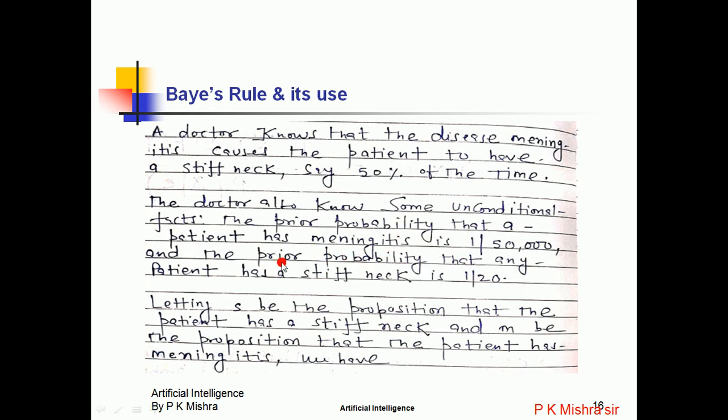Let S be the proposition that the patient has a stiff neck and M be the proposition that the patient has meningitis. We take variable S for stiff neck and variable M for meningitis. Now see how we solve this question.